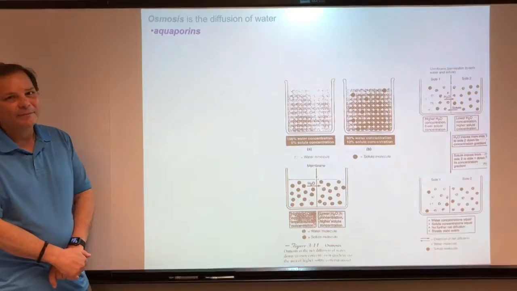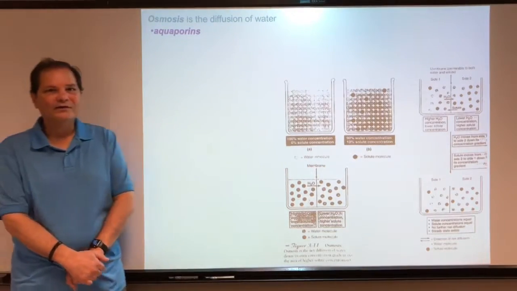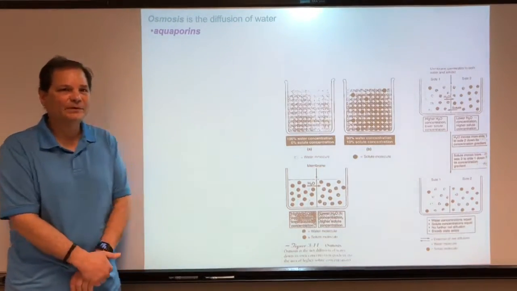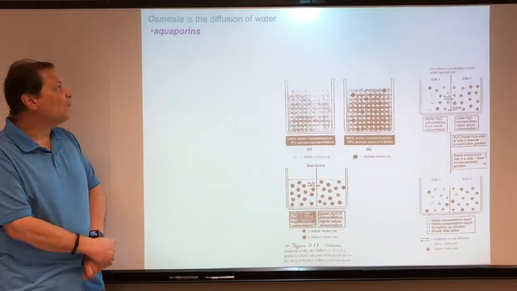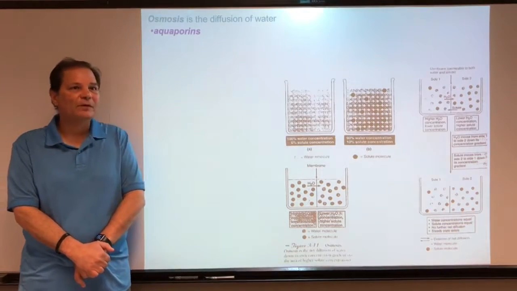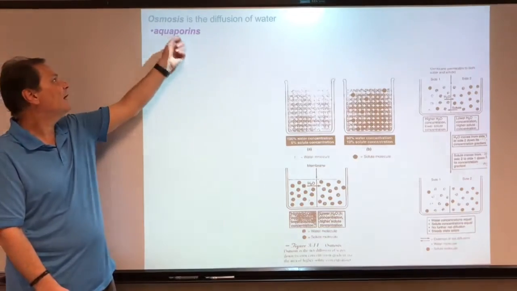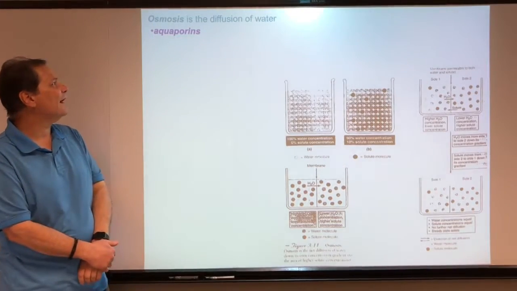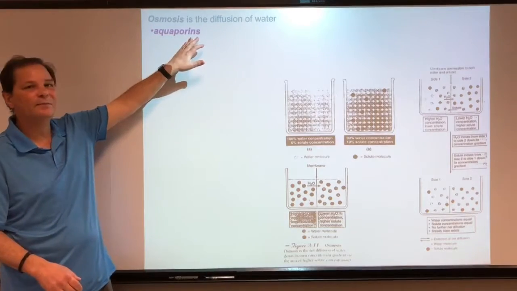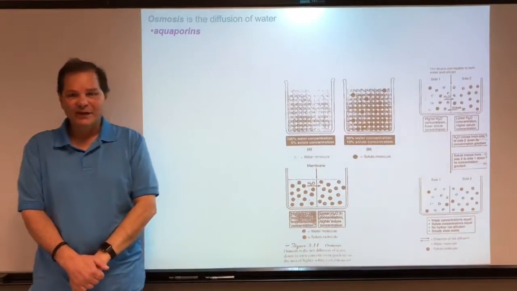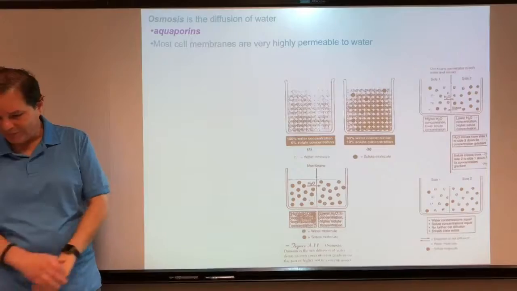Almost all cell membranes are permeant to water. I say almost, there are some exceptions, particularly in the kidney. But most of the time, water has no trouble getting across membranes, and it diffuses very freely. A lot of the time it uses a water channel in the membrane, aquaporins, that allow the water to get across very easily.